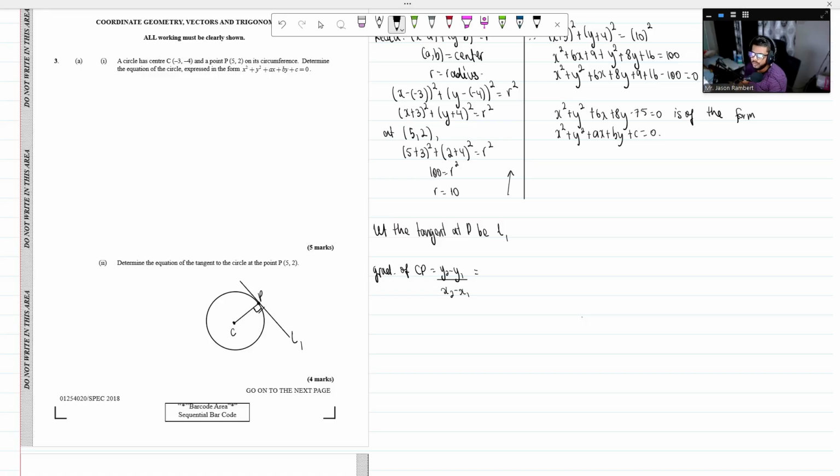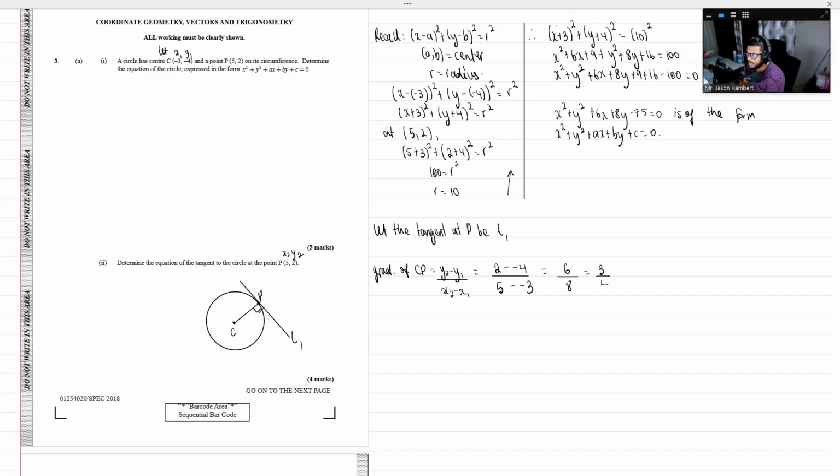On the paper itself, you can say let C be (x1, y1) and let P be (x2, y2). So y2 minus y1 over x2 minus x1: 2 plus 4 is 6, 5 plus 3 is 8, 6 over 8 is 3/4. That's the gradient of CP.